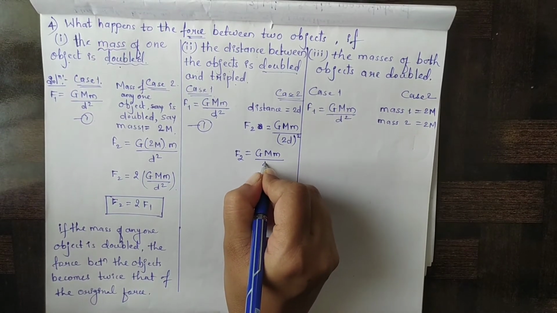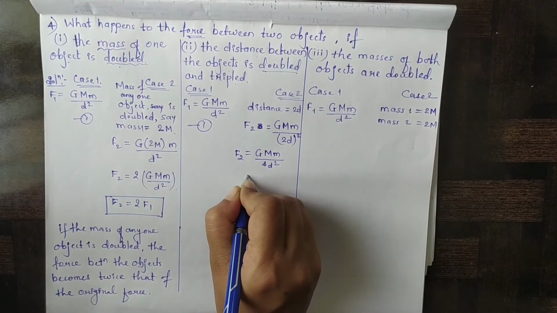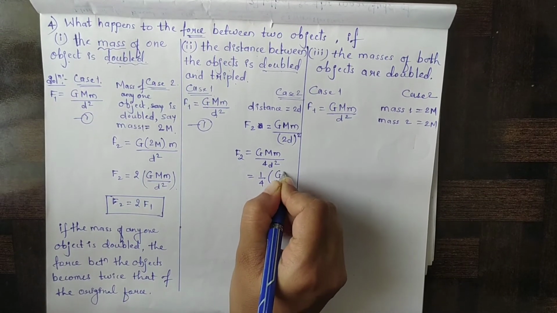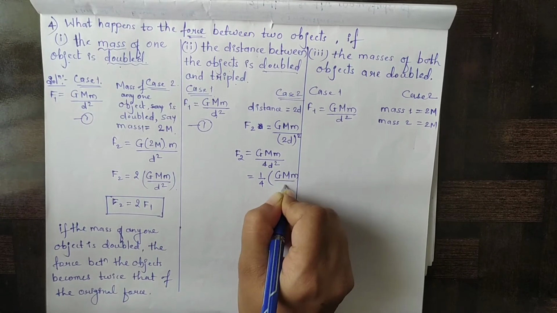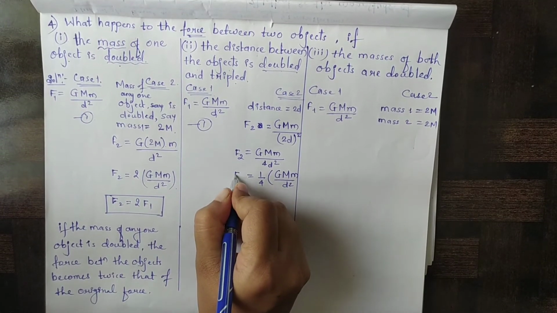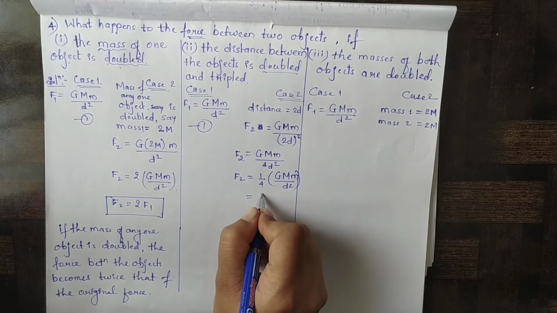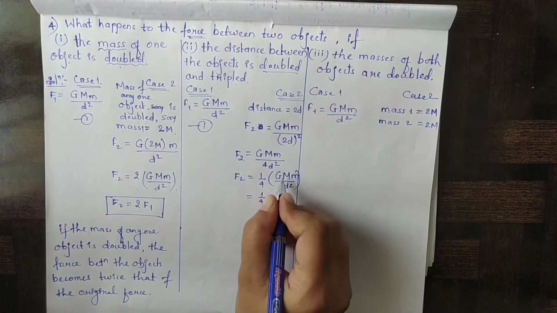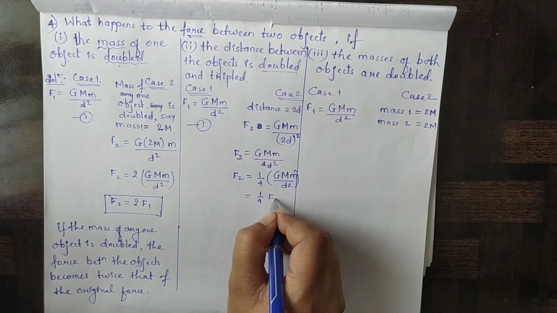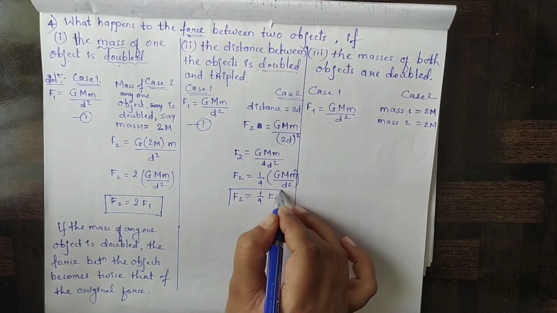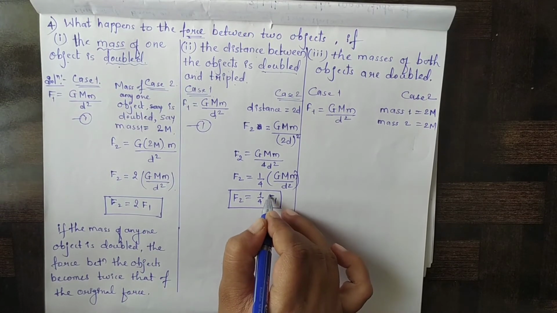Squaring this, we have 4 D square, and this is equal to 1 by 4 into G M m upon D square, and this complete is F1. So F2 will be 1/4 of F1.